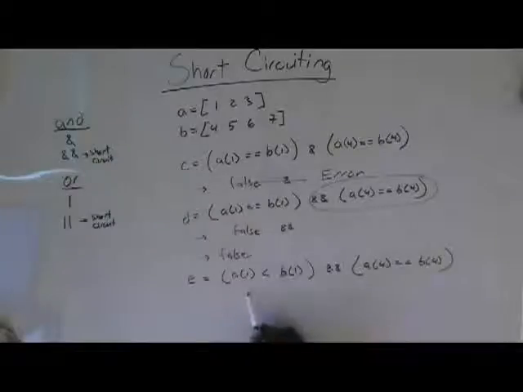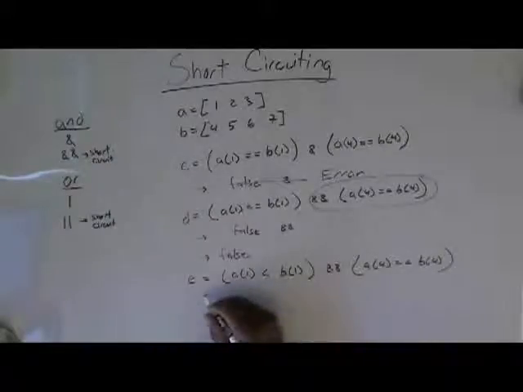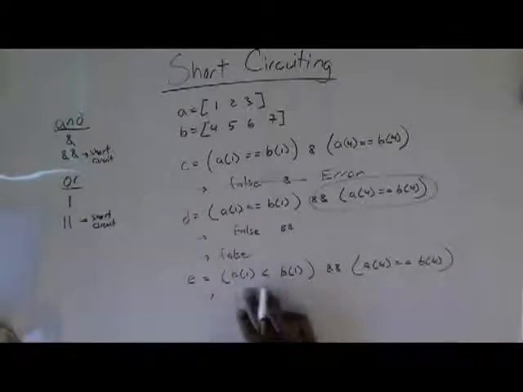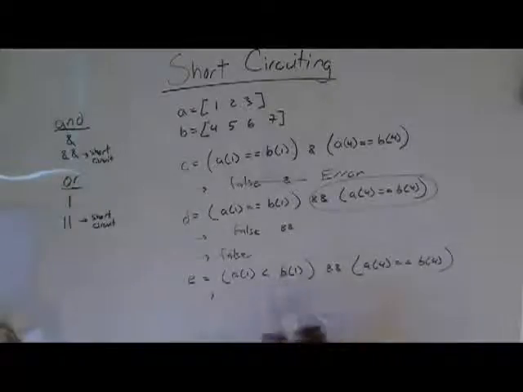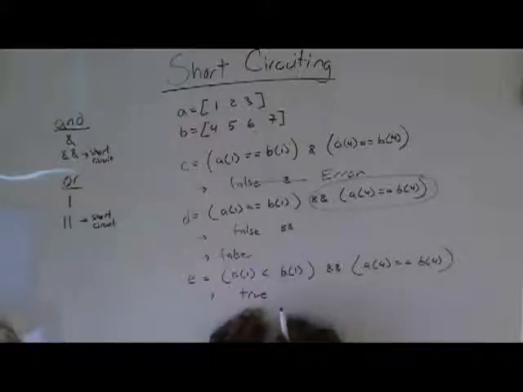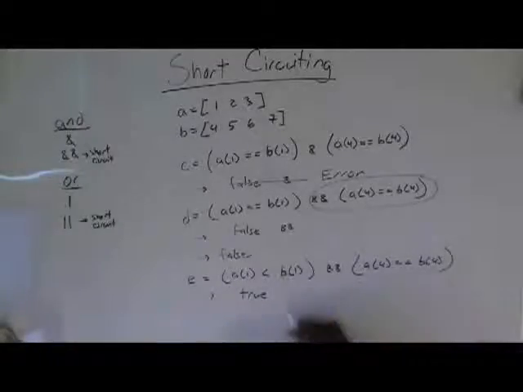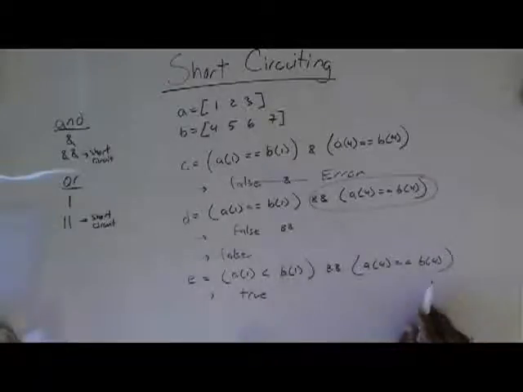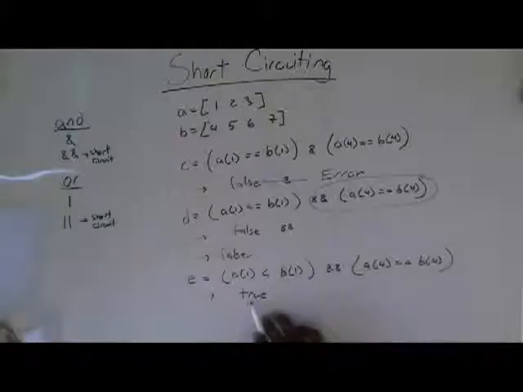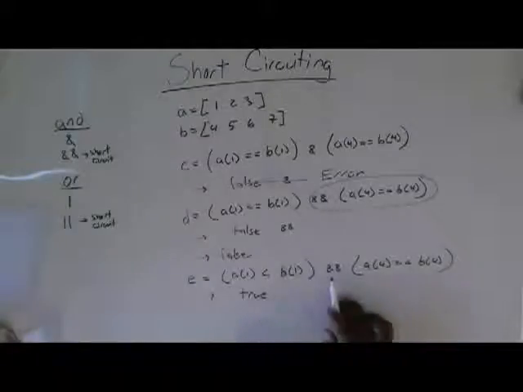Okay? Now, this is going to come in, and this is 1 less than 4, or A1 less than B1. Well, yes, that's true. So then, since this is true, the AND statement can't short circuit because it's got to look for false. Because of the truth table, in order for this whole thing to be true, all of them have to be true. So I can't short circuit on the value of true with an AND statement.